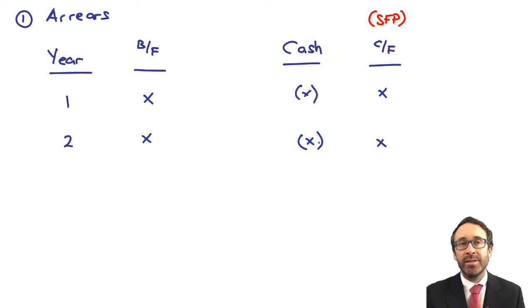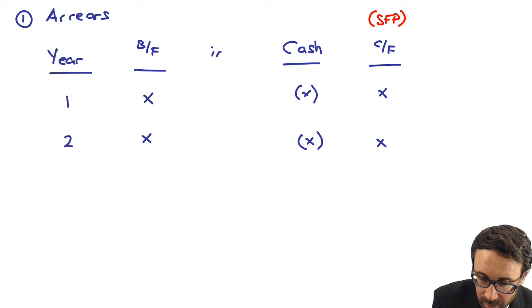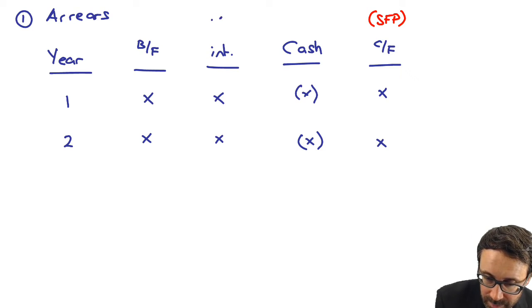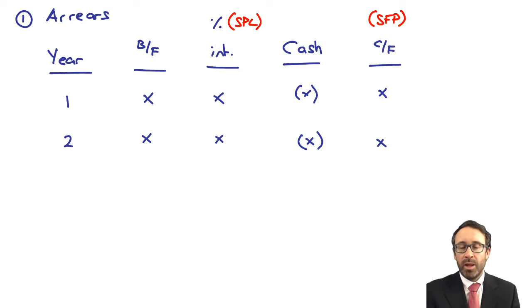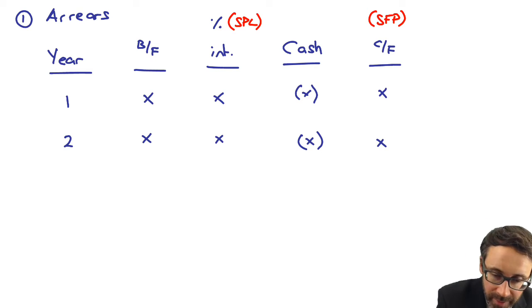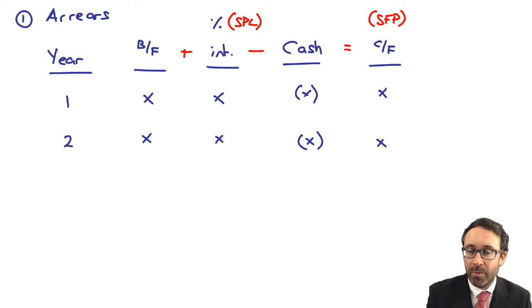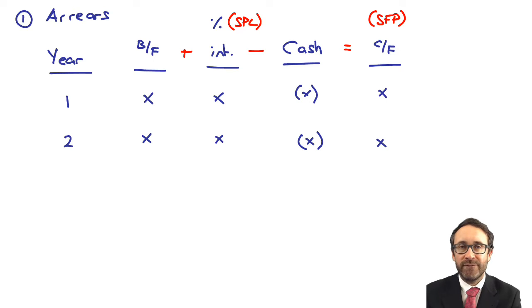And therefore we then need to accrue the interest for the full year on that opening balance. So the rate implicit within the lease, i.e. the rate given to you within the question, is what will be charged against that opening balance, where we then add the interest to the opening balance, deduct the cash, and that will give you that carry forward figure.